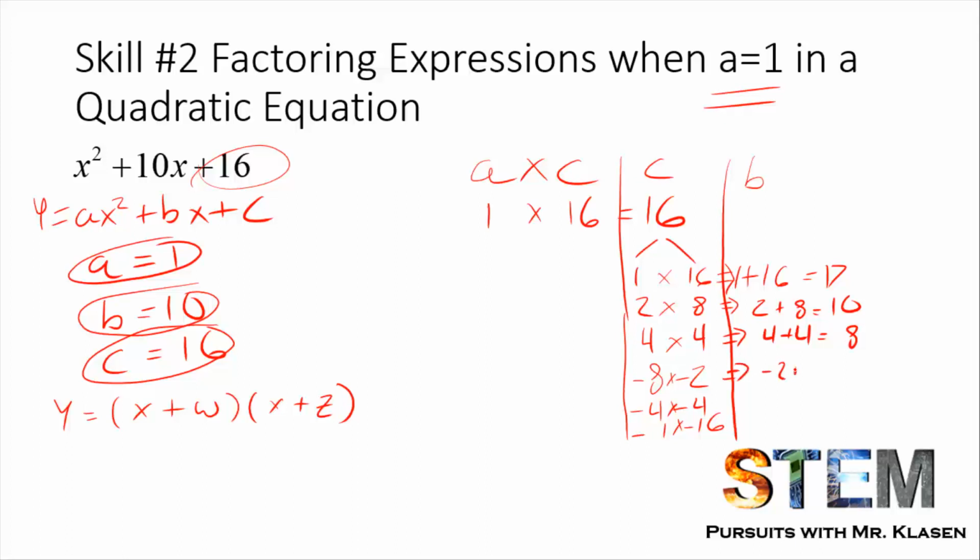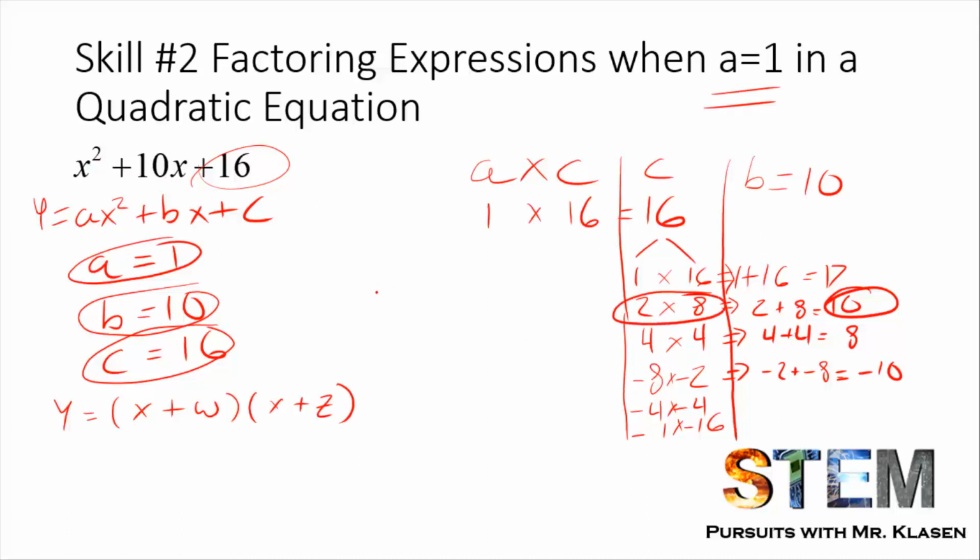And -2 plus -8 is equal to -10, so you would just have the opposites here. Now, I know my B value is equal to 10, and all I'm trying to do is find the pair that matches that, which is right here. So that tells me that the factors I'm going to use to simplify this quadratic function into two binomials are simply going to be 2 and 8.